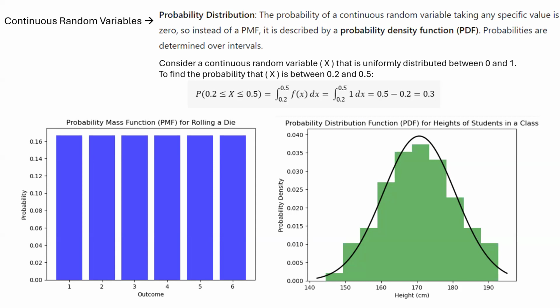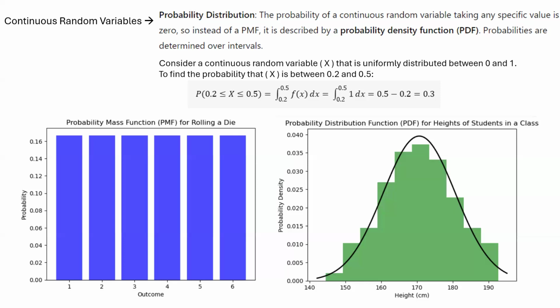But both are used to describe the probability distribution only. The type of variables we are considering differs. PMF for discrete variables, PDF for continuous variables. It's as simple as that.